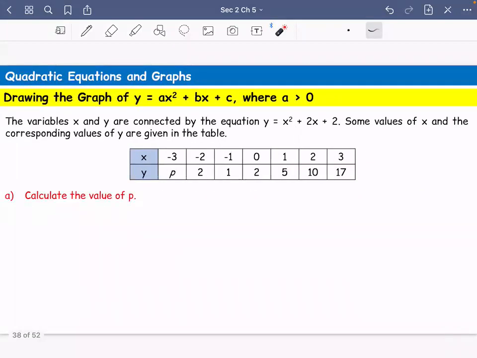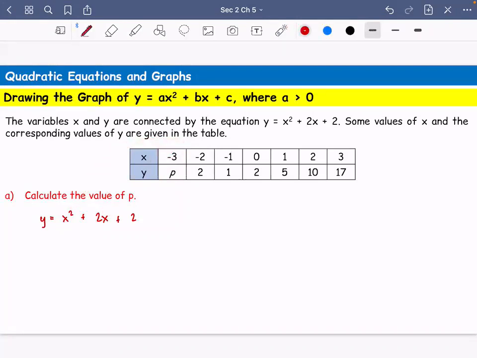Now, for letter A, given the table and the equation, which is this one, how do we calculate the value of P? So we basically use the given equation, which is y equals x squared plus 2x plus 2, right? And then if you're looking for P, your x value is -3. Therefore, you just plug in -3 to this x.